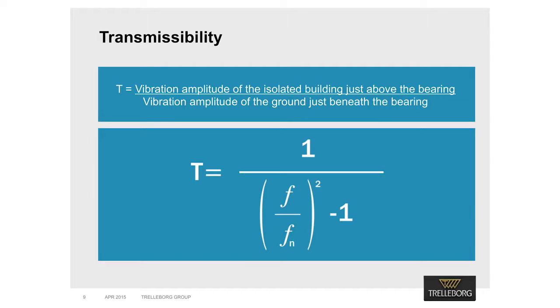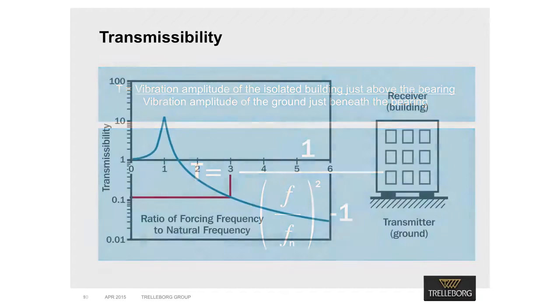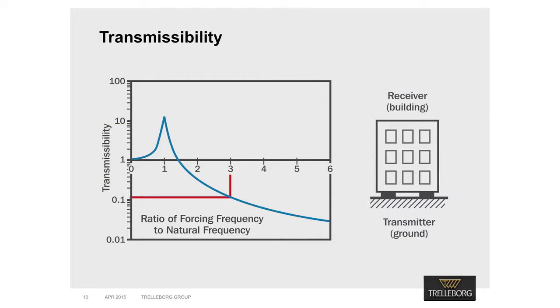We will not go into detail about that today. This figure shows the vertical axis as the transmissibility on a logarithmic scale. The horizontal axis is the ratio of the forcing frequency from the ground vibration divided by the bearing's natural frequency and is referred to as the frequency ratio.